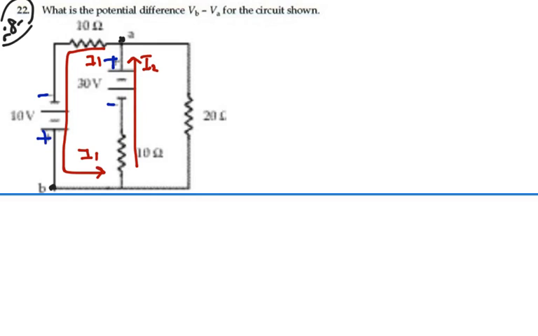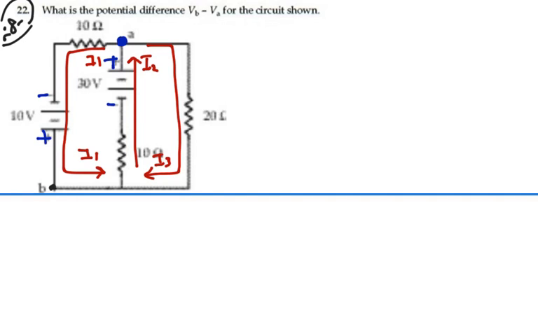And I2 is going into this junction on top at point A. I1 is leaving. So I'm going to need something to supplement I1 because I2 is bigger. So I'm going to need another current exiting that junction. So my I3 is going to come out of that junction like this. I could be wrong, but as long as I'm consistent, I'll be okay.